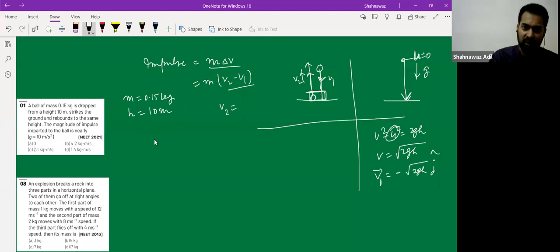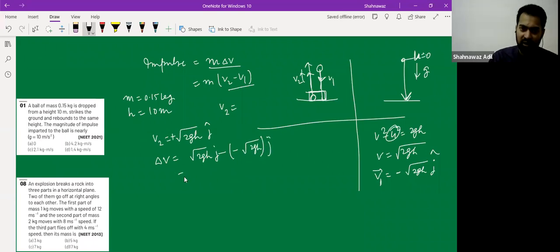V2 will be again root 2gh with the plus sign, plus j. So what will be the delta V? This will be root 2gh minus of minus root 2gh, so this is 2 root 2gh j hat. So what will the magnitude be?